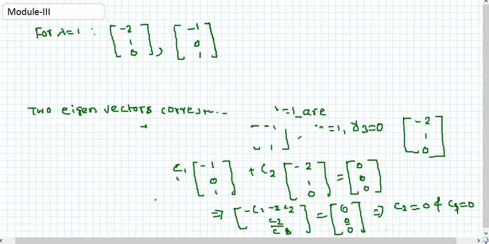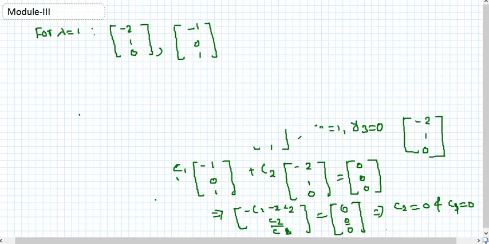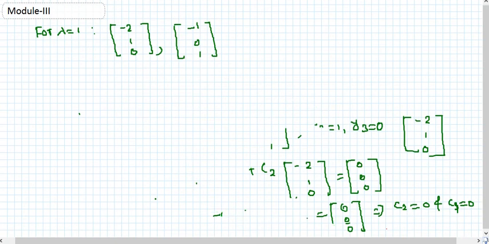Now let's find the eigenvectors corresponding to the eigenvalue 5.